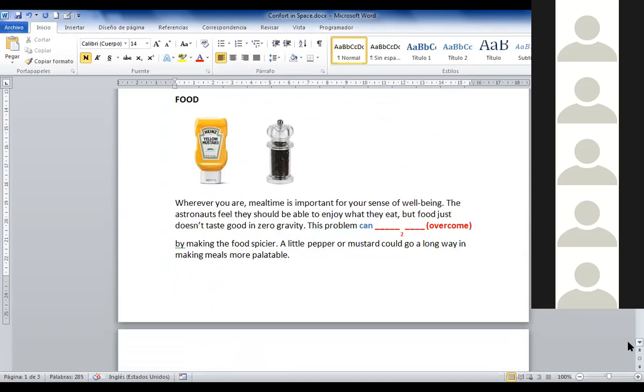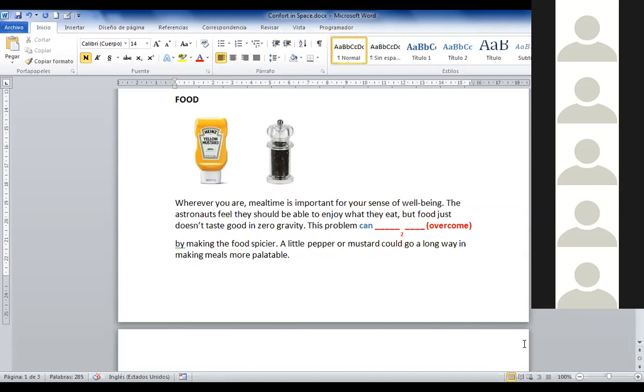So a different person, please. Who wants to complete the second gap? Fanny, please read the whole sentence. Wherever you are, mealtime is important for your sense of well-being. The astronauts feel they should be able to enjoy what they eat, but food just doesn't taste good in zero gravity.